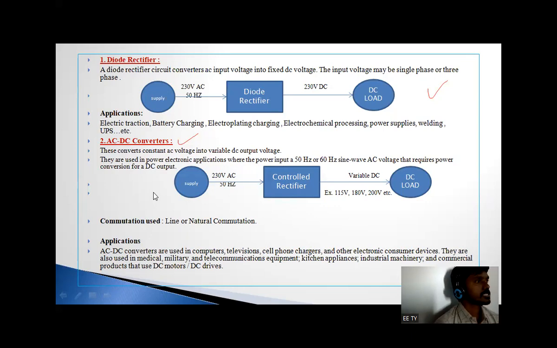Clear? So draw this diagram and also write these applications.